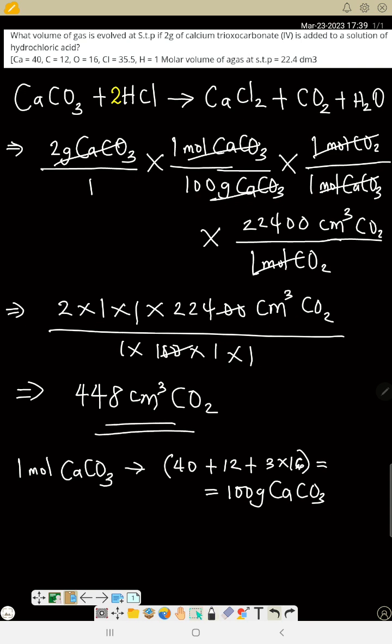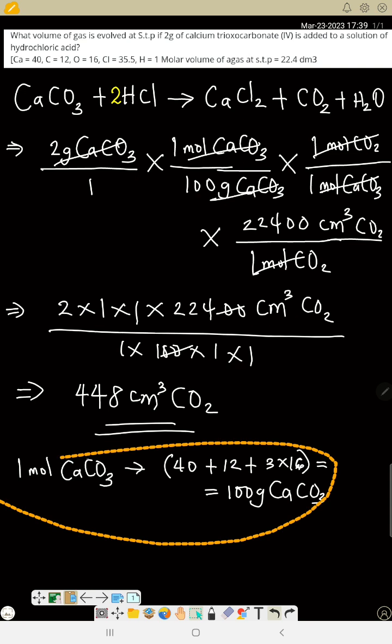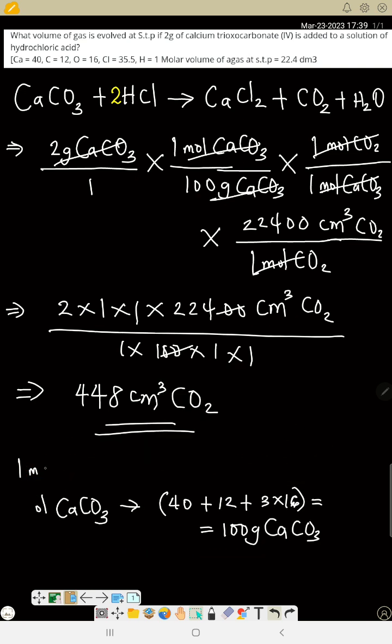So that is the final answer. That means 2 gram of calcium carbonate will produce 448 centimeter cube of CO2.